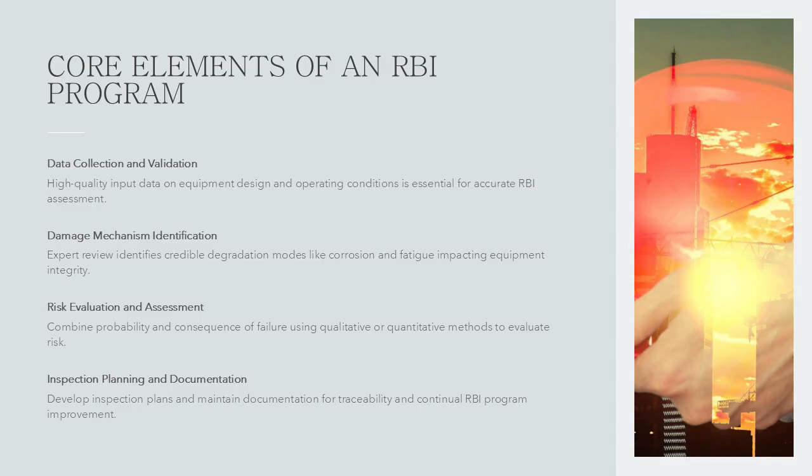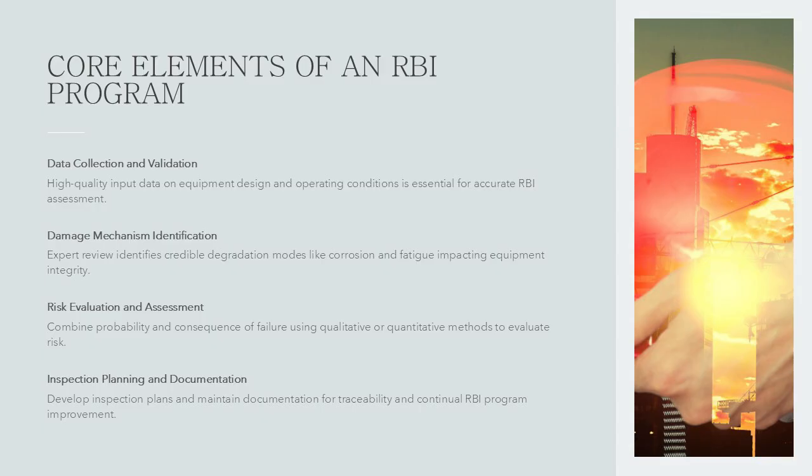Damage mechanism review is another essential element, requiring subject matter expertise to identify credible degradation modes such as corrosion, fatigue, creep, or environmentally assisted cracking. The probability of failure assessment evaluates the likelihood of these mechanisms leading to loss of containment, while the consequence assessment examines potential impacts on safety, environment, and business.